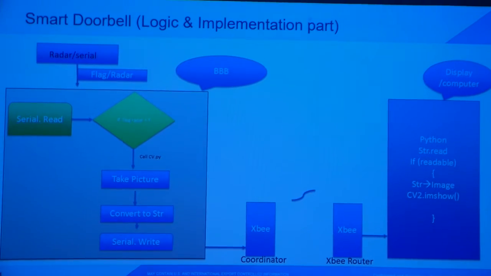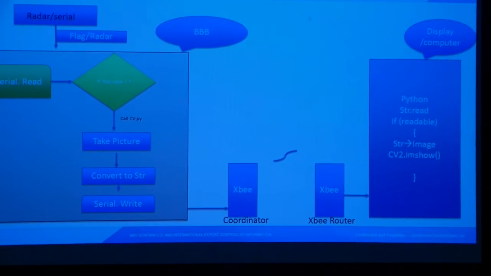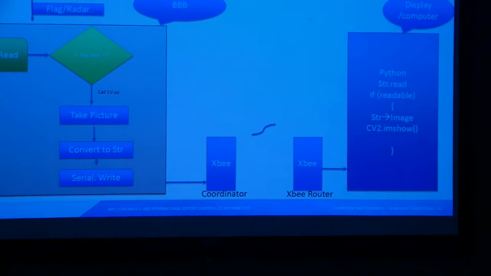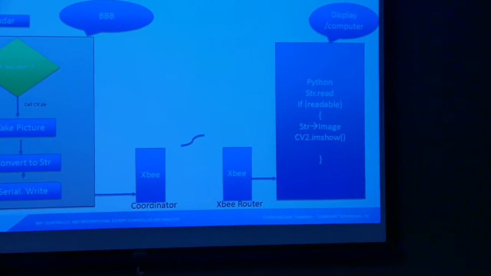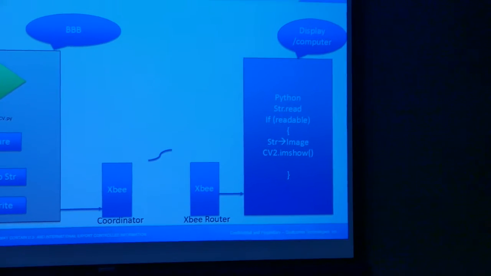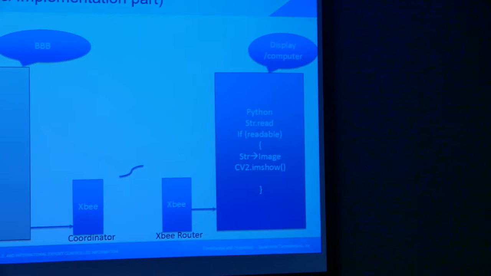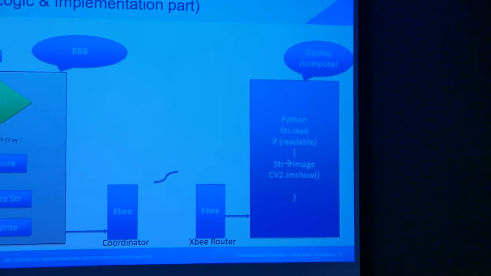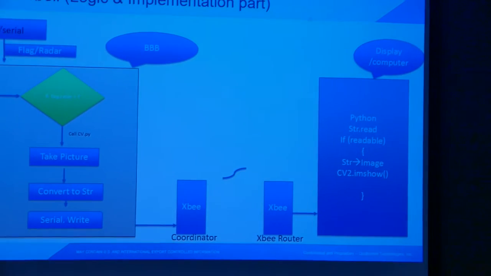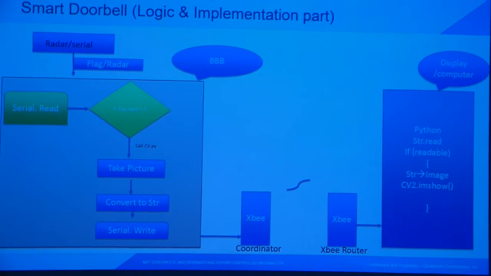The serial port is connected to one of the Zigbees, the coordinator, and then over the air it reaches the remote laptop, where another Python script reads it, transforms the string back into an image file, and then uses a library function to show it.